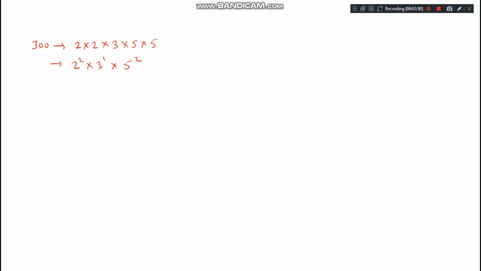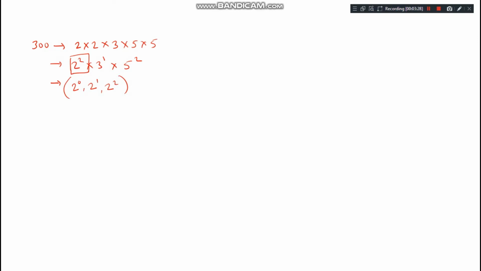This is our number. Now I'm going to further split these numbers into each bracket of 2, bracket of 3, bracket of 5. Now what do I mean by that? 2 to the power 2. So 2 square is equal to 4, right? So 4 is a factor of 300, but when 4 is a factor of 300, I can also say that 2 to the power 1, 2 to the power 0, and 2 to the power 2, these three are also possible factors.